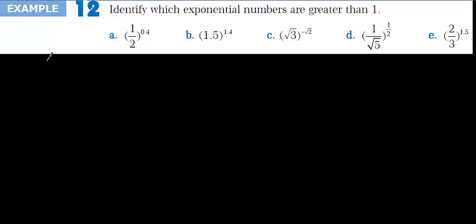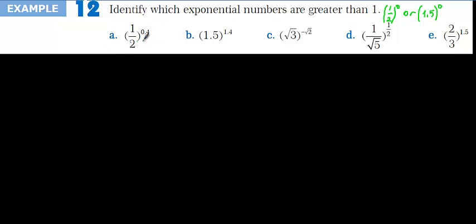Okay, for understanding the previous properties, we are going to solve these questions, and we are going to compare the numbers with 1, and see whether it is greater than 1 or not. If you ask why it is not asking 2, 3, 4, only 1, it is because 1 can be written as 1 over 2 to the power of 0, or it can be written as 1.5 to the power of 0.